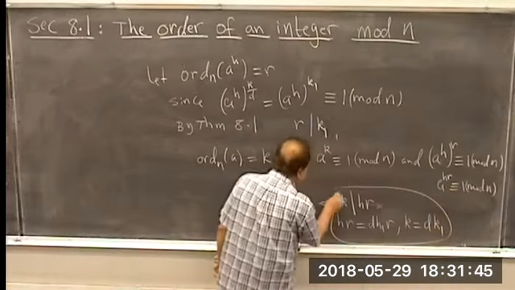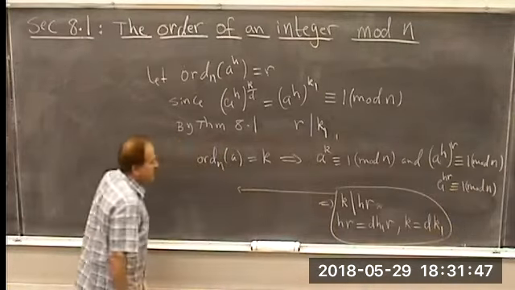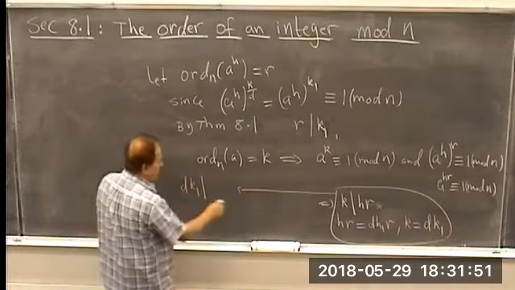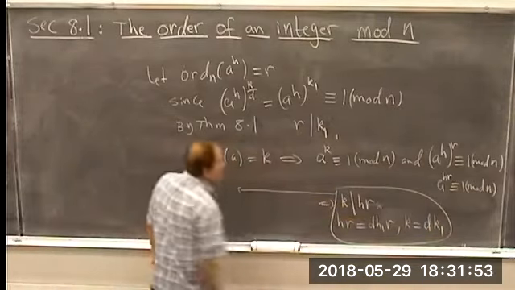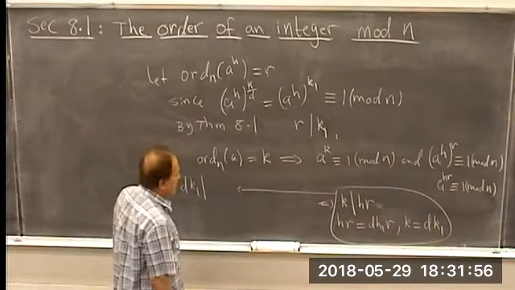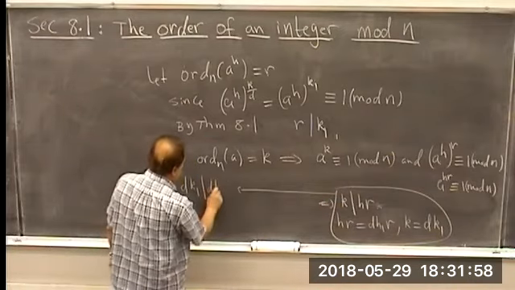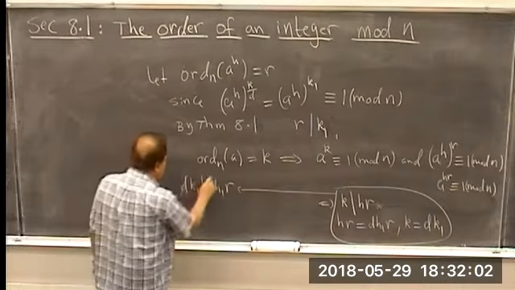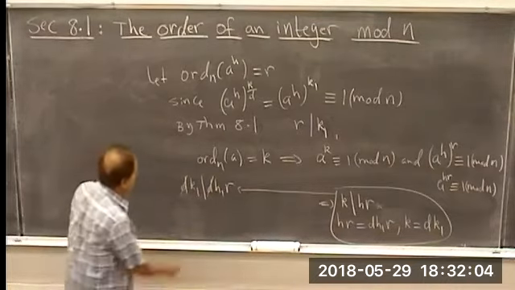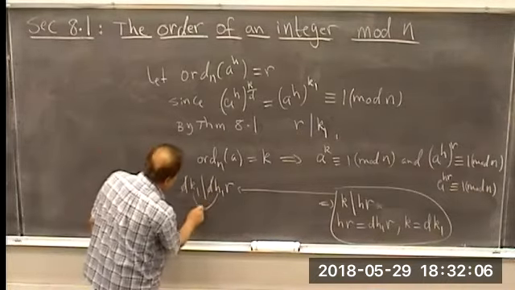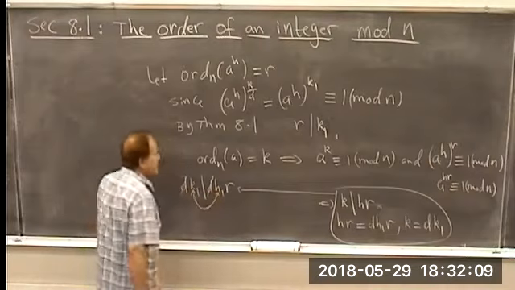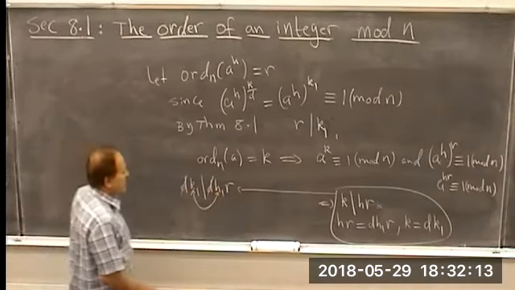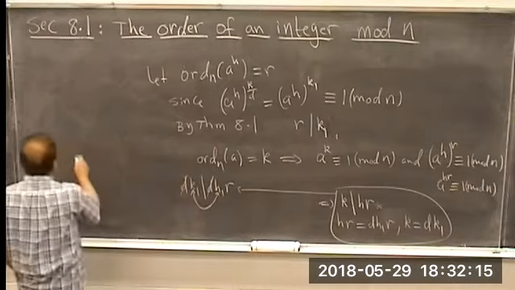So in here, I want to put D K1 divides the K, and then I'm going to substitute for the HR by D H1 R. First of all, the D cancels out, and the H1 and K1 are relatively prime because these are the ones which we obtained from this.